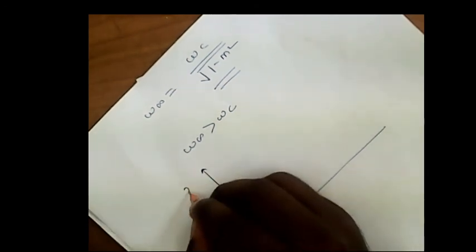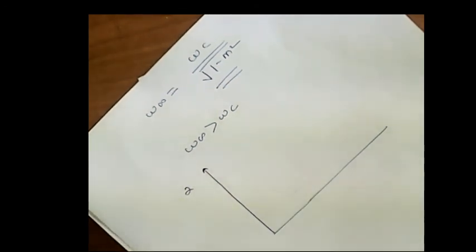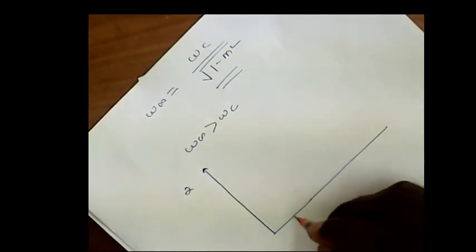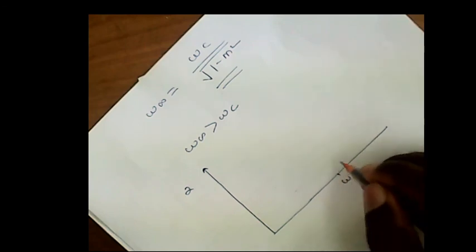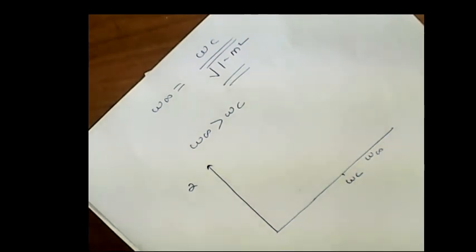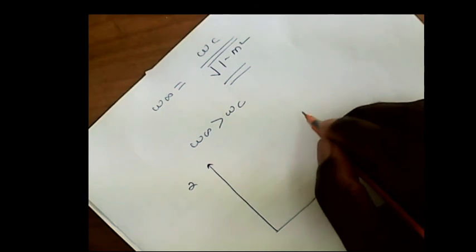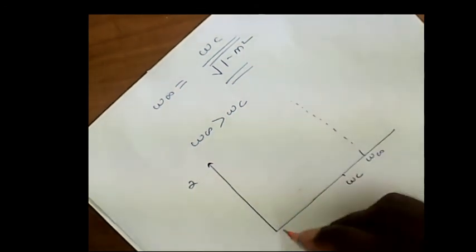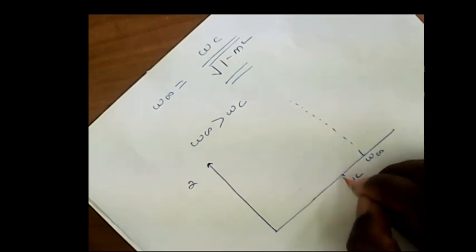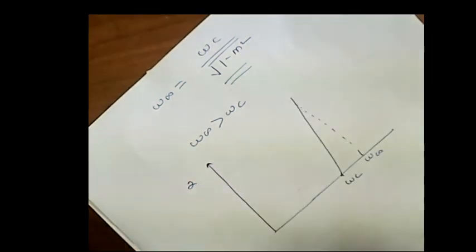So that is the propagation factor alpha. We can observe here the cutoff frequency, and here is the infinite attenuation frequency. At that point we get a very sharp cutoff.